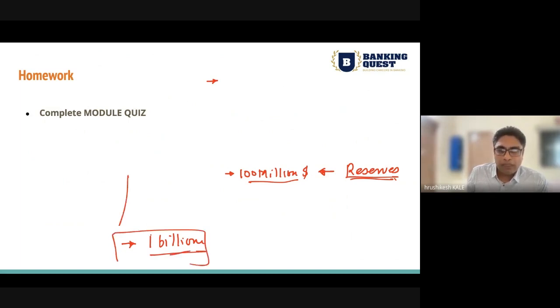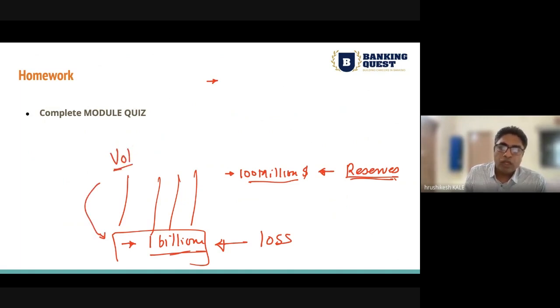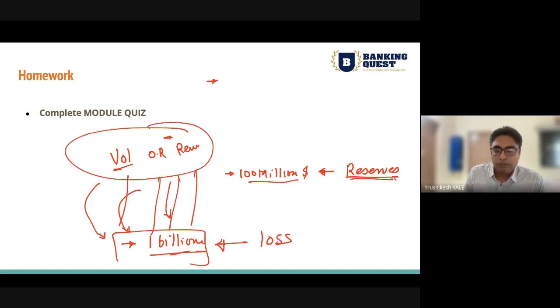What will be the parameters for the loss to go up to 1 billion? At what volatility will my loss go to 1 billion? At what operating risks will my loss go to 1 billion? At what revenue, or at what negative revenue will my loss go to 1 billion? So checking all these parameters from an arbitrary loss value is called reverse stress testing.